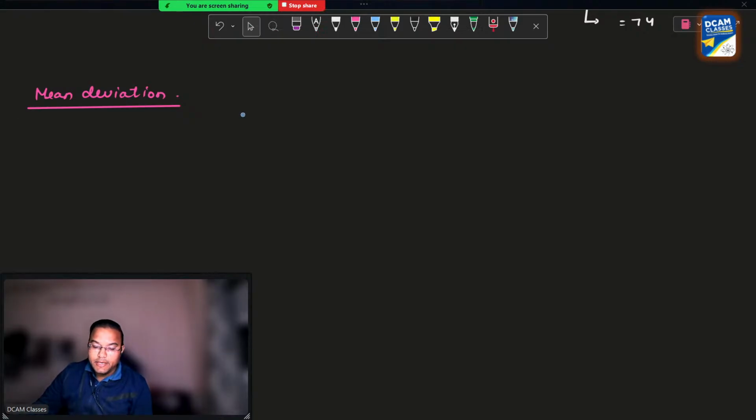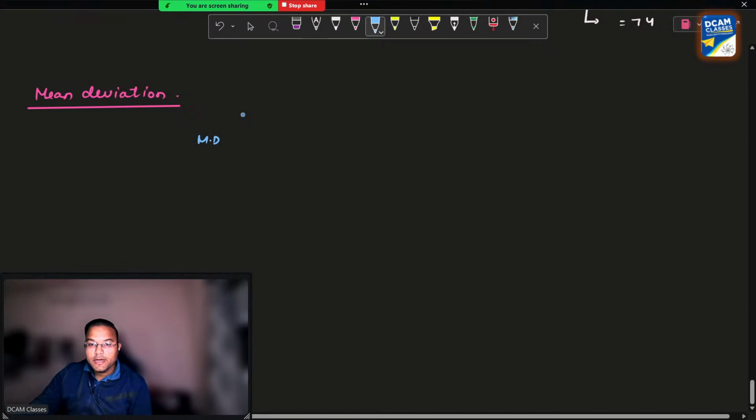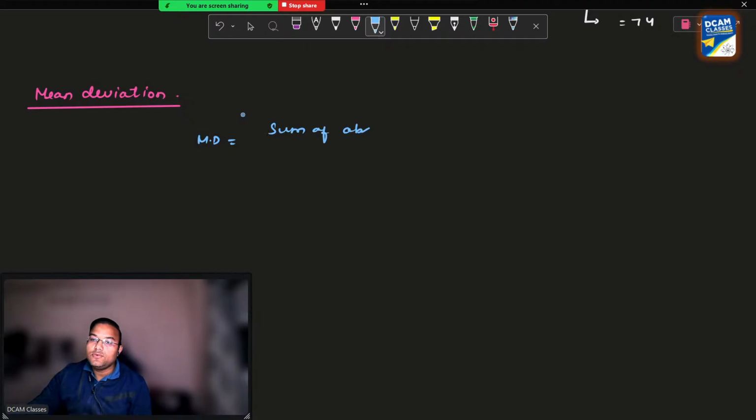See, what is mean deviation? How is it defined? Mean deviation is equal to the sum of absolute value of deviation from A, divided by the number of observations. What is A?